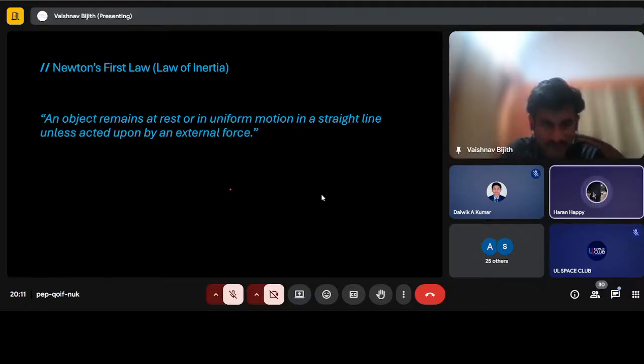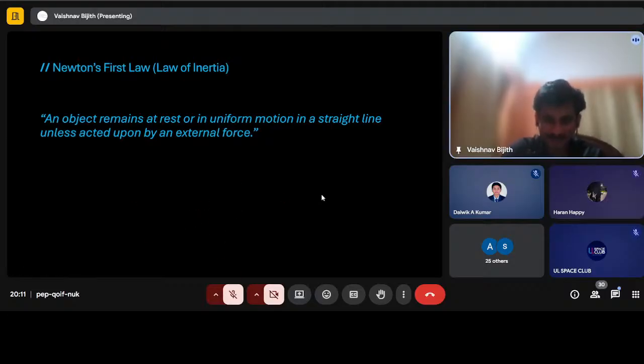It is a state of motion, an effect that happens when a body is in a state of motion or rest, when an unbalanced force acts on the body. Exactly. So we can say that a body is at rest, or it's going in a uniform motion.